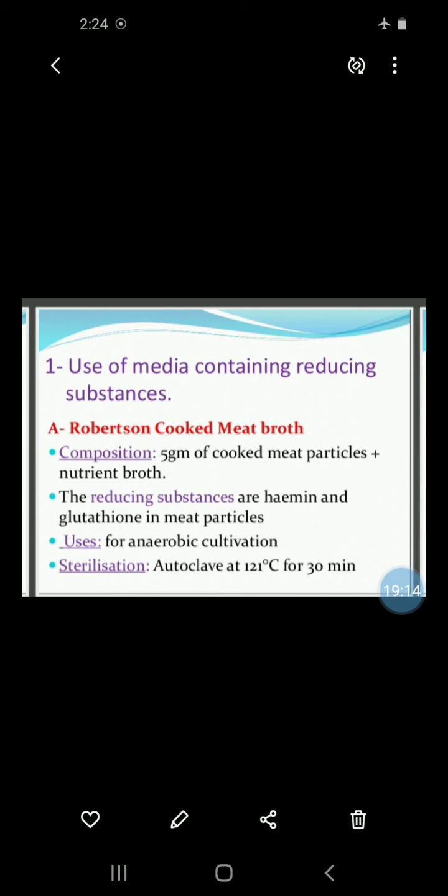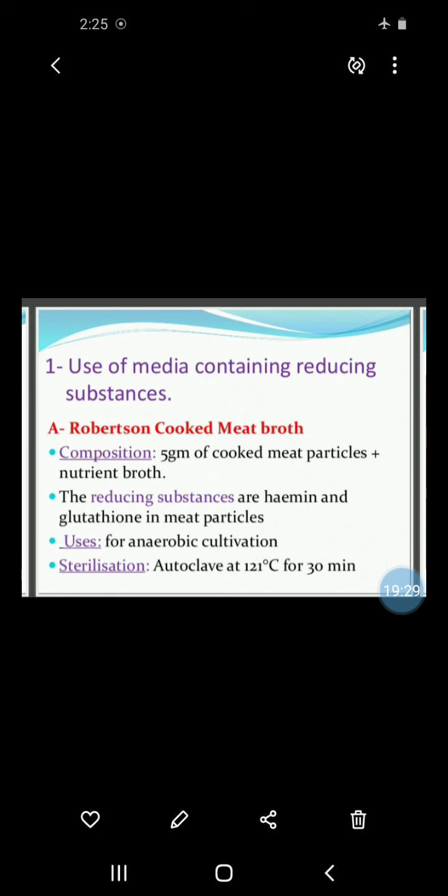Sterilization is carried out by moist heat sterilization, that is by the use of an autoclave at 121 degrees Celsius for 30 minutes.